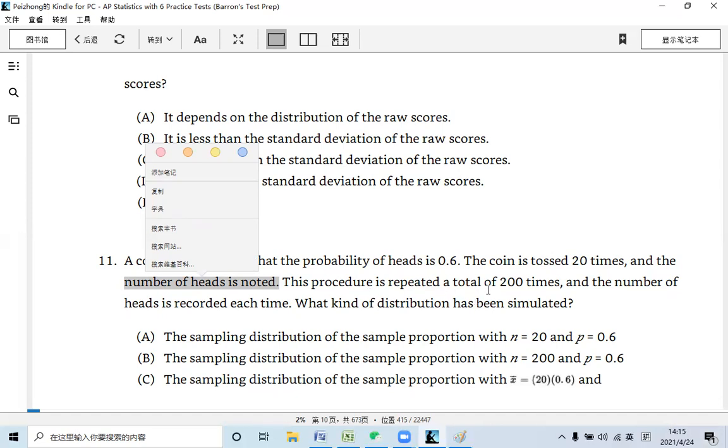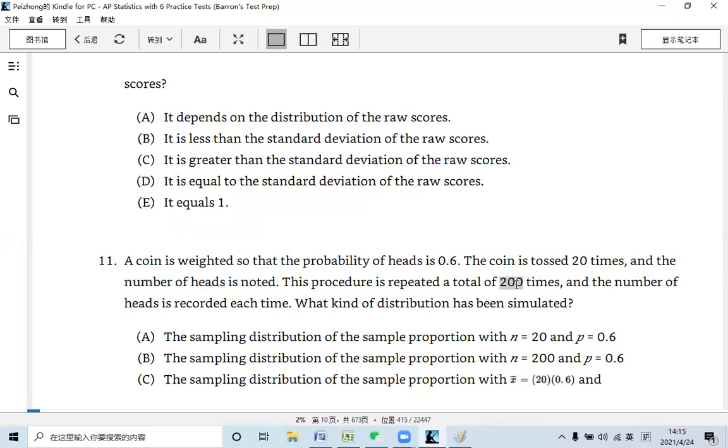And you repeat this procedure 200 times, and the number of heads recorded each time would be the distribution. So the n would be definitely 200.